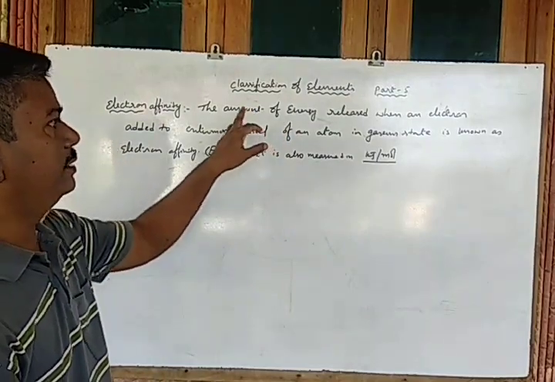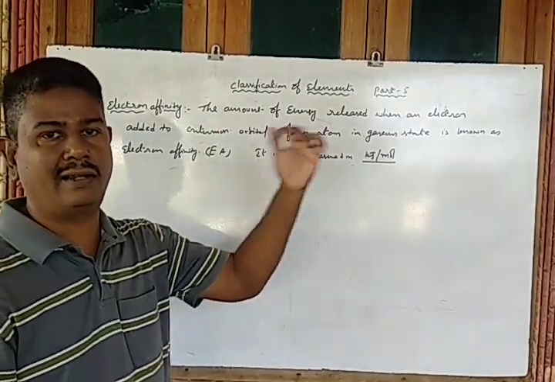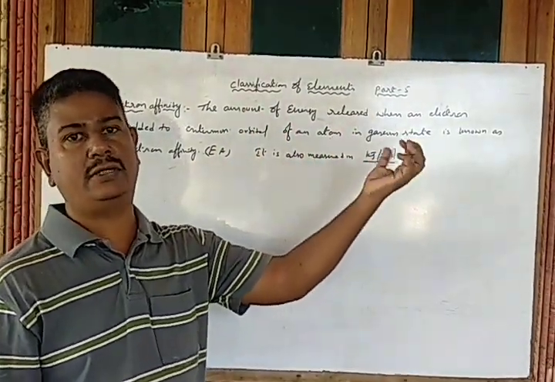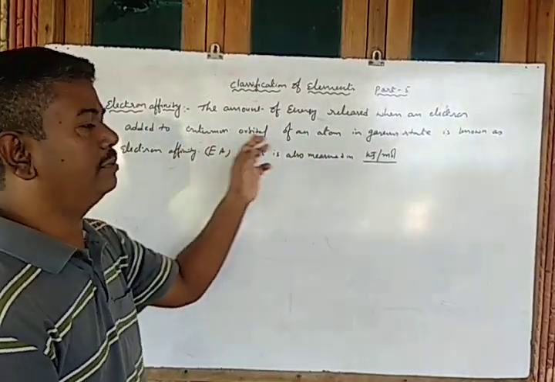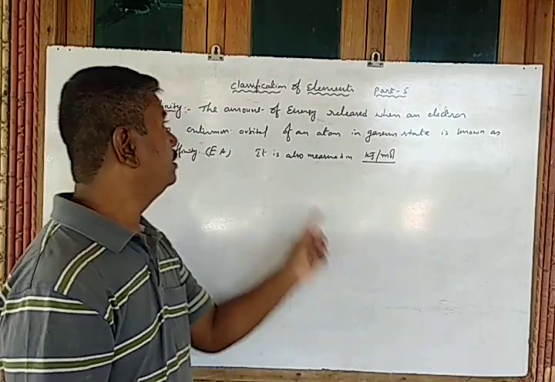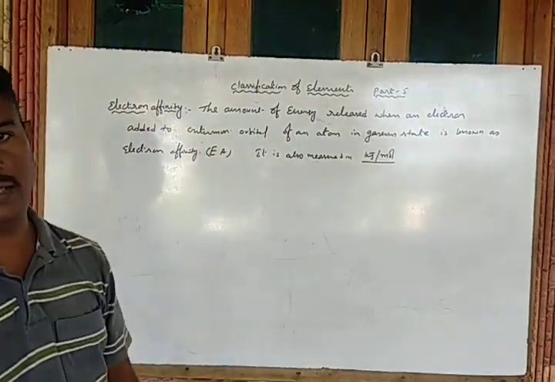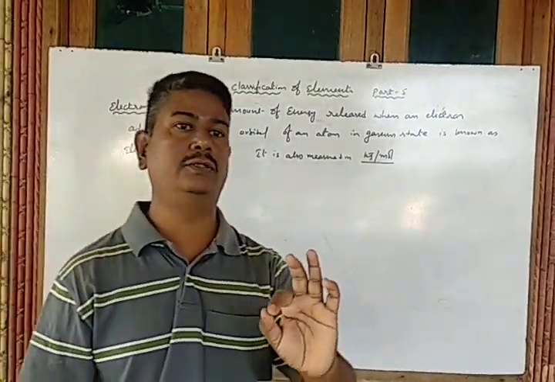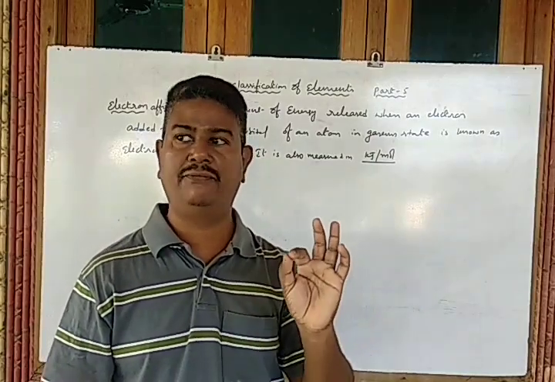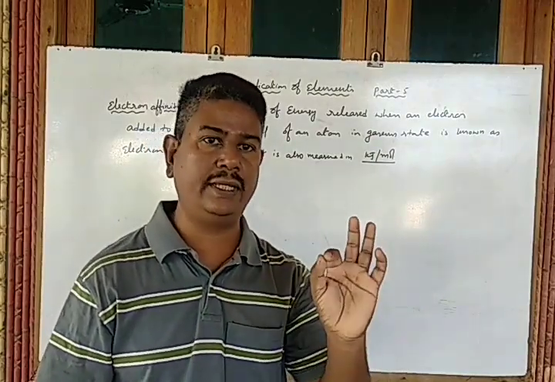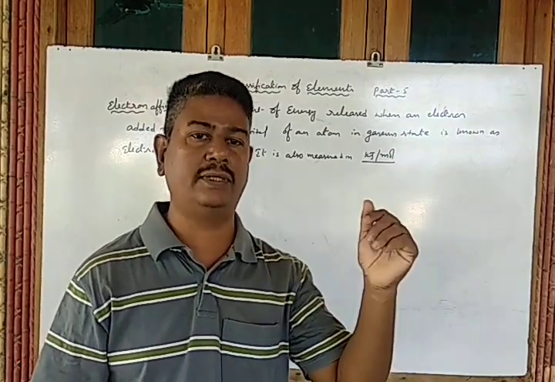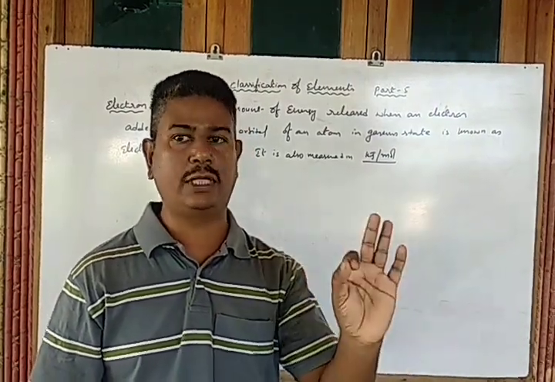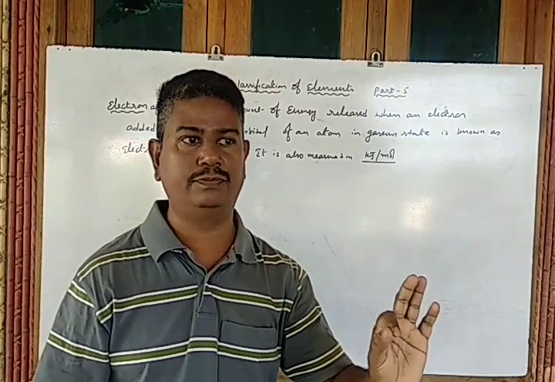So that is the definition of electron affinity: the amount of energy released when an electron is added to the outermost orbital of a neutral gaseous state atom. Okay, clear? And you must remember, for every atom the first addition of an electron is thermodynamically negative.